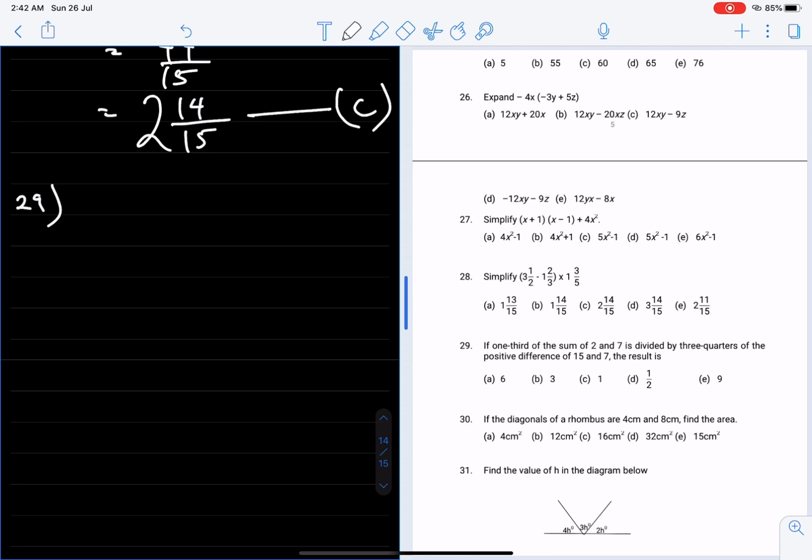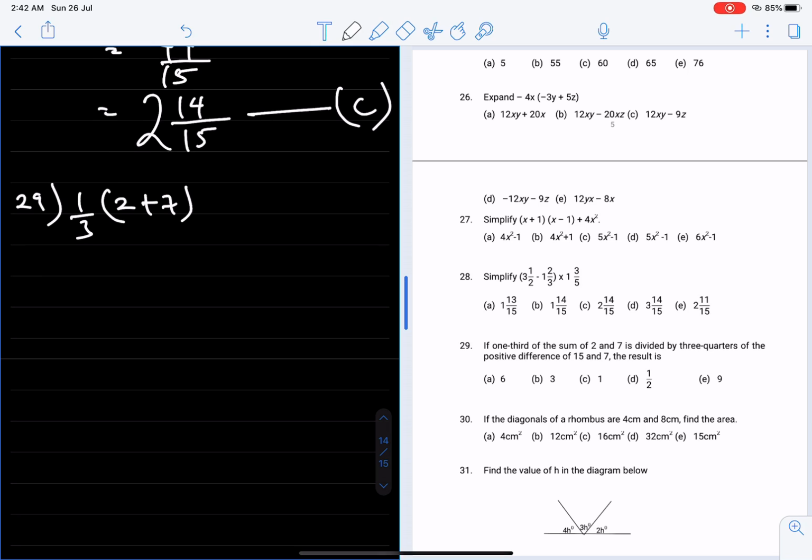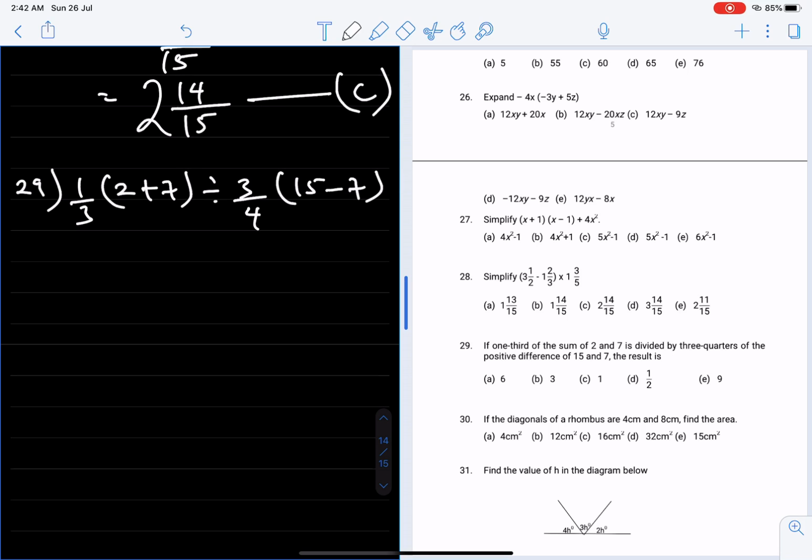The next is 29, which says if 1/3 of the sum of 2 and 7 is divided by 3/4 of the positive difference of 15 and 7. 1/3 of the sum of 2 and 7. The sum of 2 and 7 is 9. That means 1 over 3 multiplied by 2 plus 7 is divided by 3/4 of the positive difference of 15 and 7. Positive difference means subtract the small number from the big one.